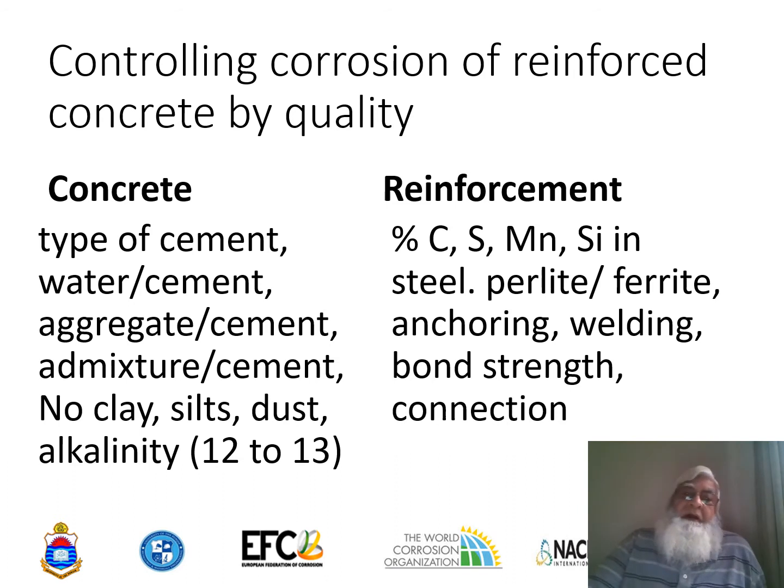Reinforcement, the quality of reinforcement depends on the elements in there like carbon, sulfur, manganese, silicon. These are all detrimental elements in steel which can make the steel develop corrosion issues. Then the pearlite ferrite ratio is also very important, because the pearlite corrodes at the expense of the ferrite.